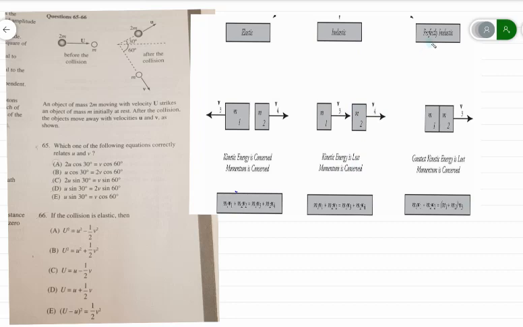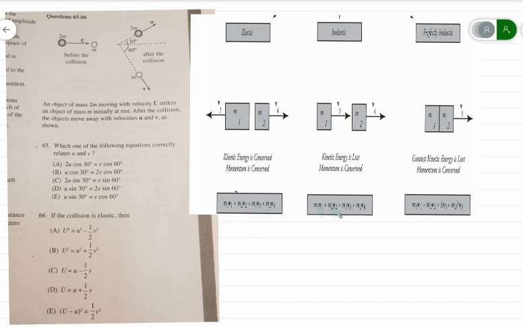Now, if perfectly inelastic, the two objects will stick together after the collision and move at the same speed. In this case, momentum is still conserved, but the energy loss is the greatest. Now, the equation that you have to cater for these three special cases is this.